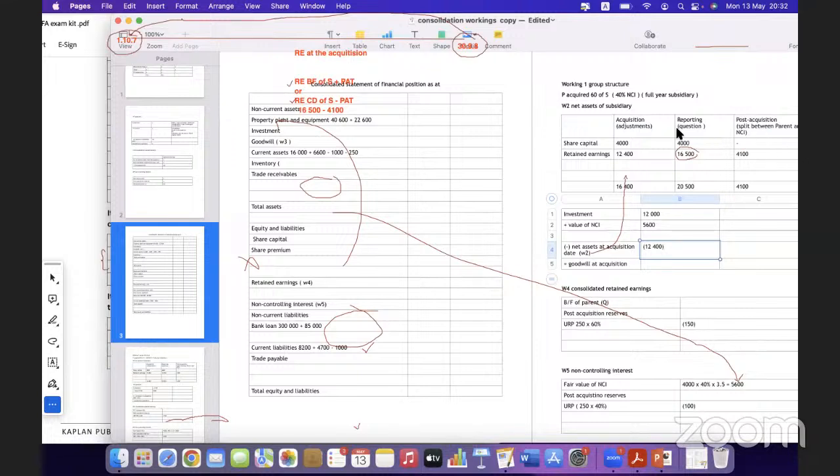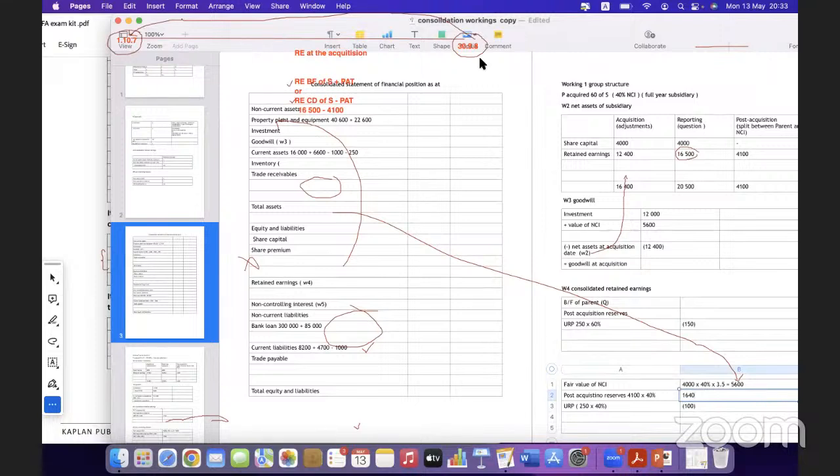The 4,100 you have to split to NCI. So go to NCI, post acquisition reserve, 4,100 into 40%. Only the NCI share must be given. 4,100 into 40%, meaning the answer is 1,640.